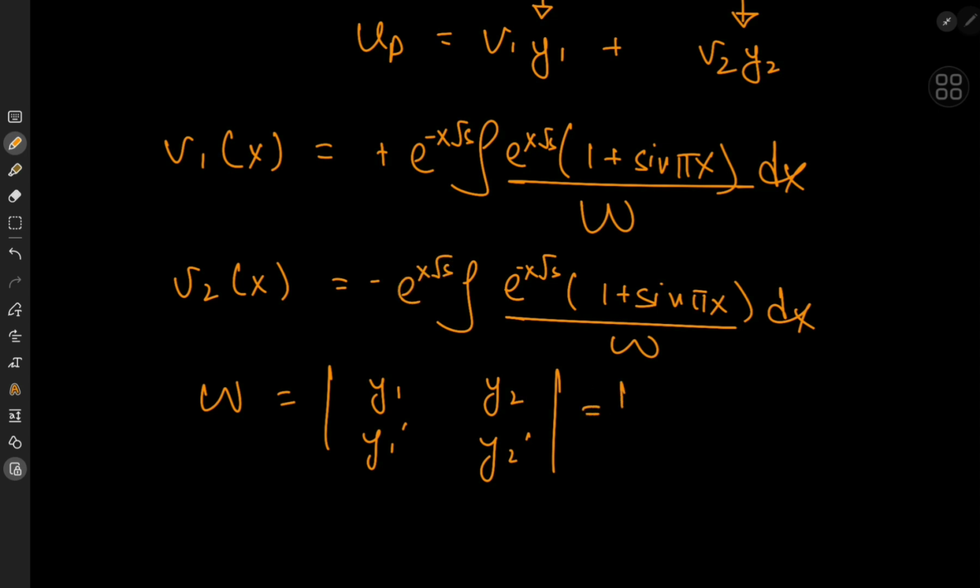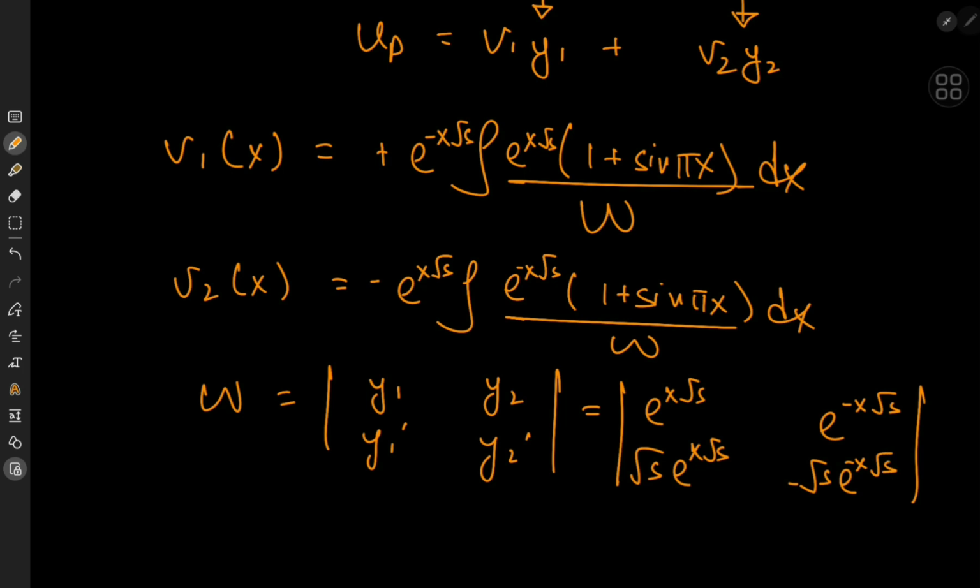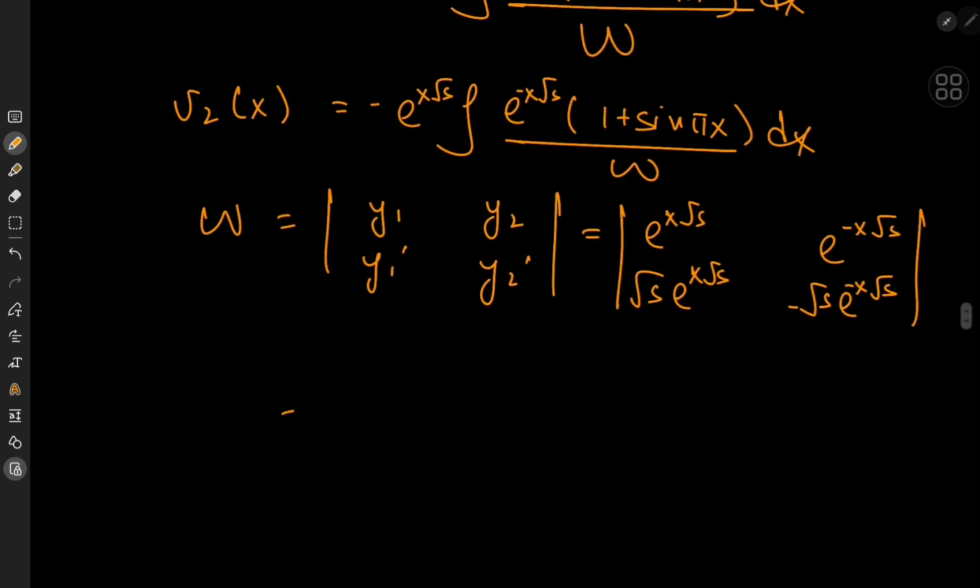Now for the determinant, we have e to the x times root s, e to the negative x times root s, and down here we have root s times e to the x root s, and negative root s times e to the negative x times root s. So multiplying out the terms for the determinant, we have these two canceling out, as do these. So we have negative root s minus root s, which is negative 2 times root s.